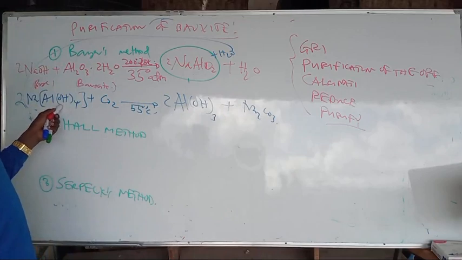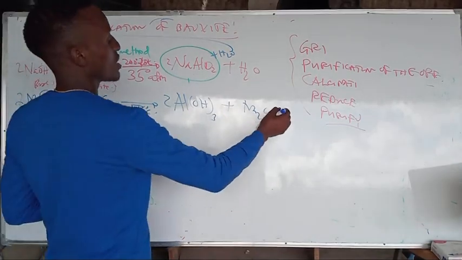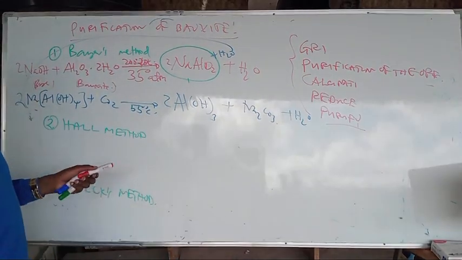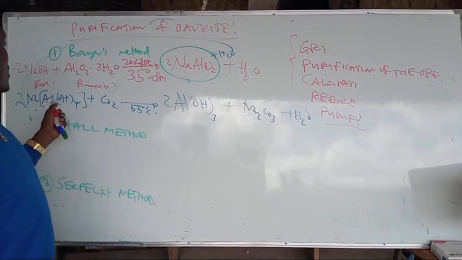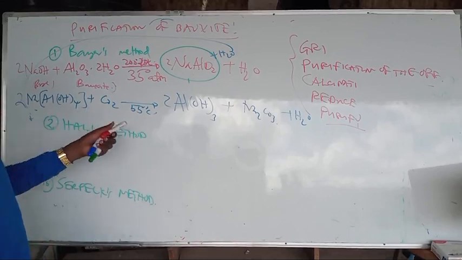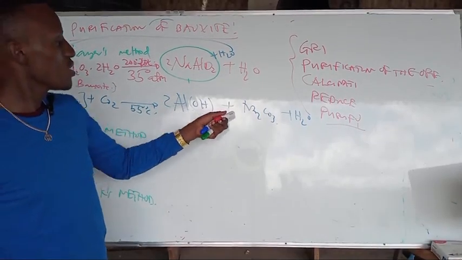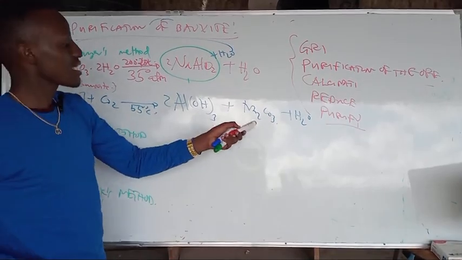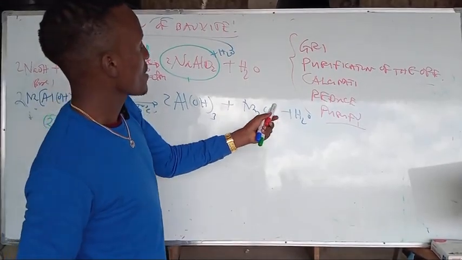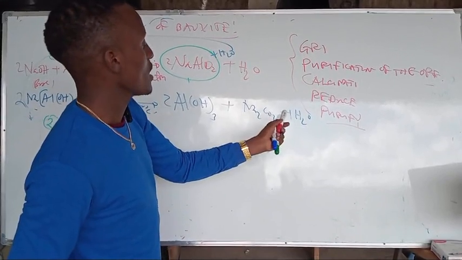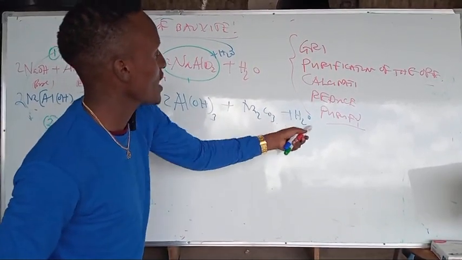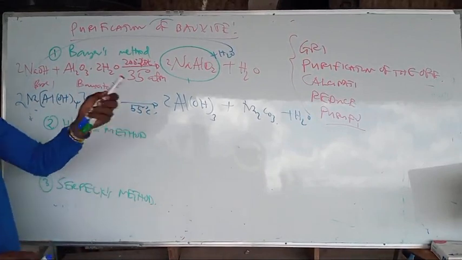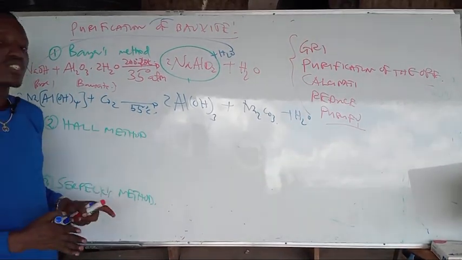Then I need to add water here, so the hydrogen is 8. For oxygen, I'll just have the 6, then 10 in total. So it's balanced. For inorganic reactions, you need to balance them.